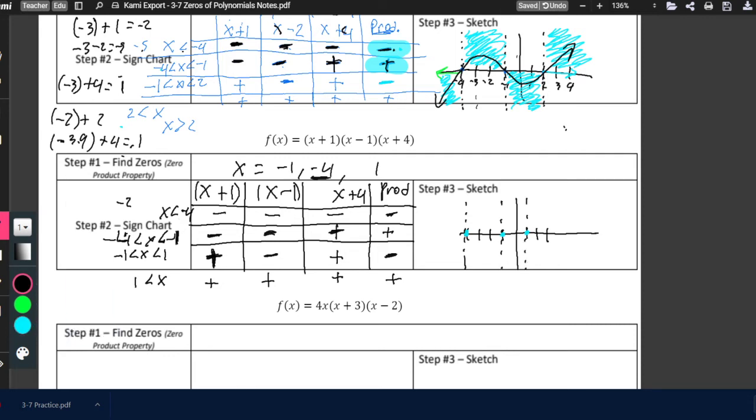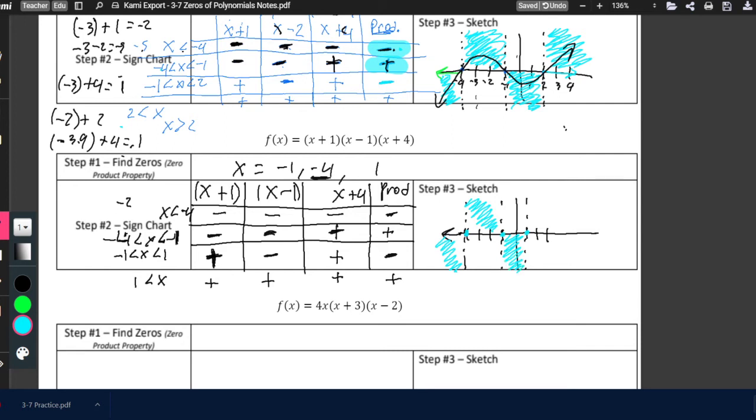So when x is less than -4, so anywhere to the left of here, it is negative. When it's between -4 and -1, it is positive. When it's between -1 and +1, it's negative.